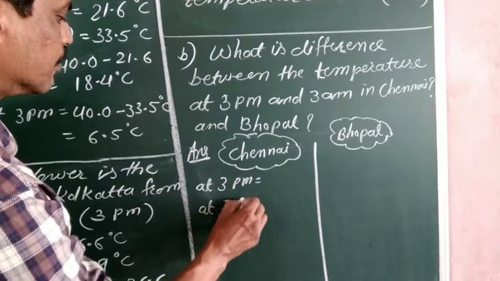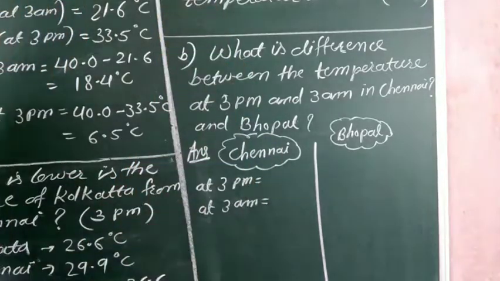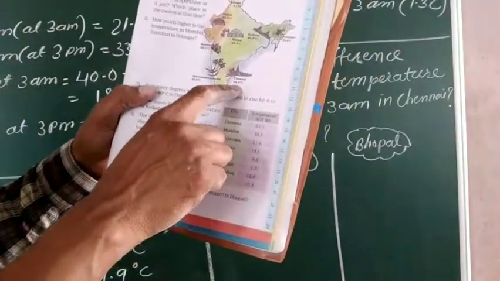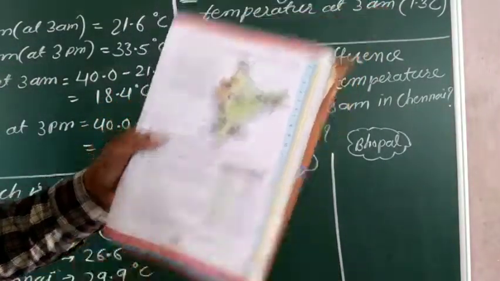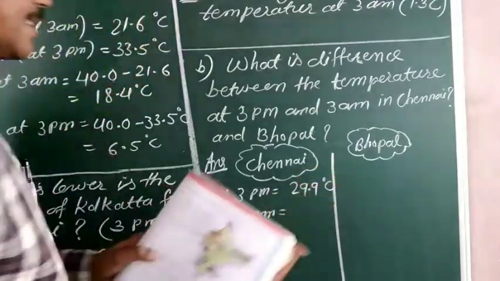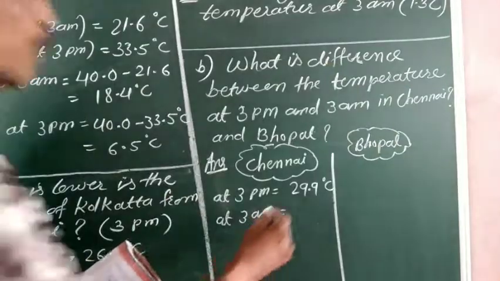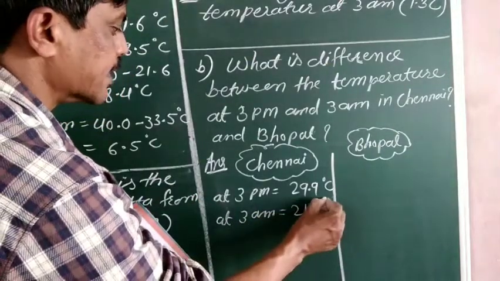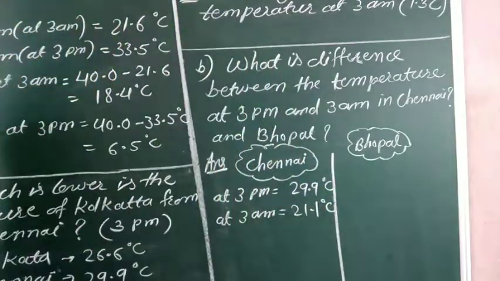Let's see, how much was Chennai at 3 PM? See, this is Chennai here. Chennai at 3 PM is 29.9 degrees Celsius. And Chennai at 3 AM is 21.8 degrees Celsius. Okay, it is Chennai.